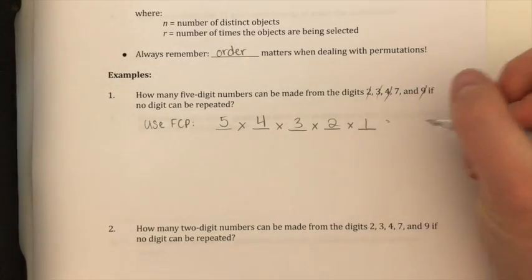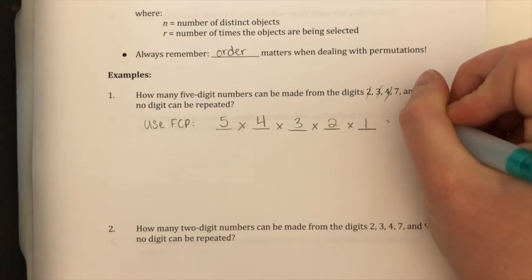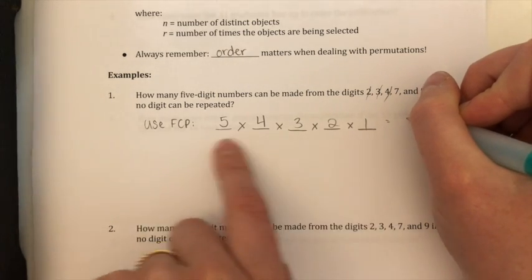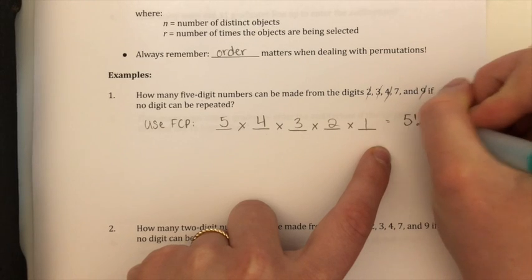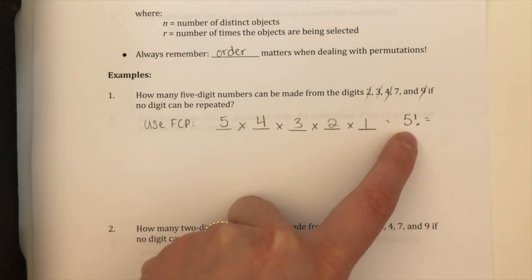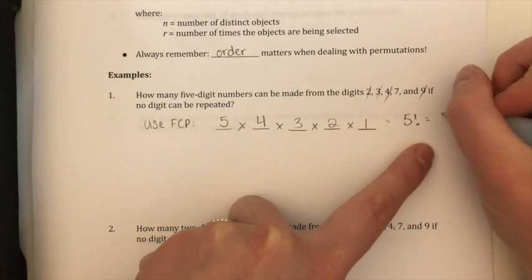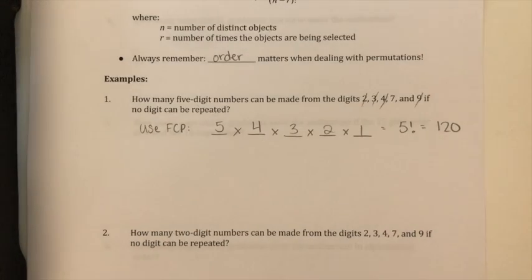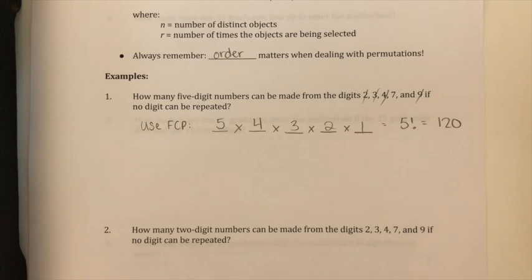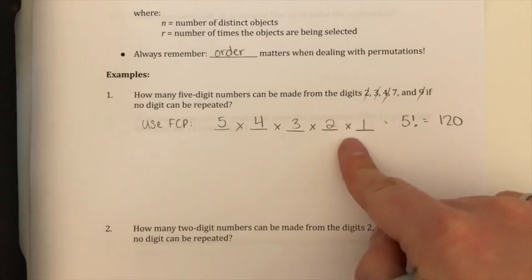We talked about how the fundamental counting principle can often be represented in factorial notation. So this is 5 times 4 times 3 times 2 times 1, and we can use the factorial on our calculator to calculate that more quickly than typing in 5 times 4 times 3 times 2 times 1. Though with a number that small, it might just be easier to type this.